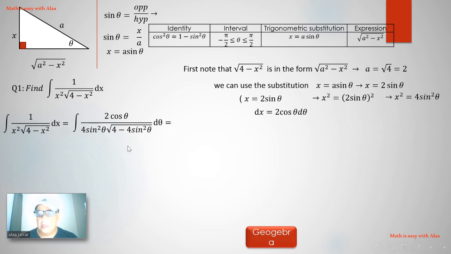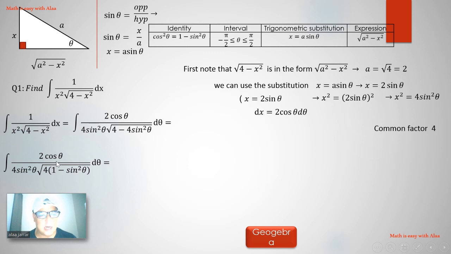Now we will get 4 inside the square root as a common factor. We will find that the antiderivative 2 cosine theta over 4 sine squared theta square root of 4 times 1 minus sine squared theta d theta.